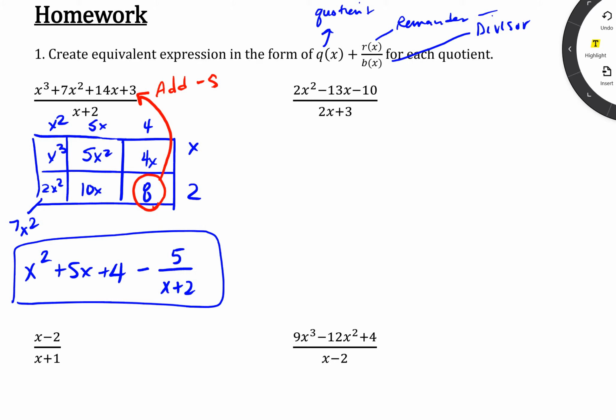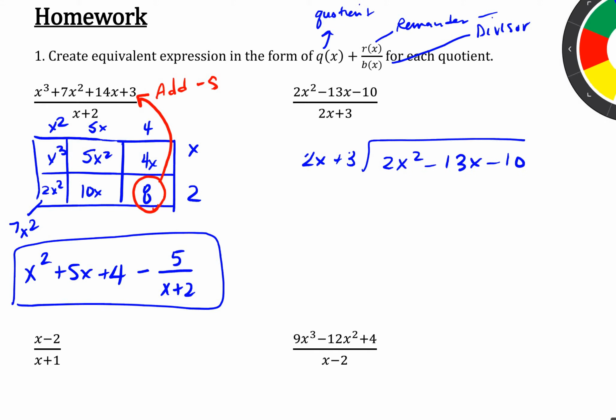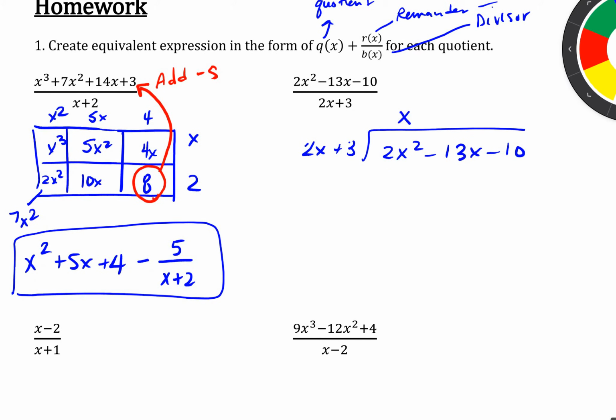Alright, for the second one I'm going to do long division. So what I'm dividing by goes on the outside. What I'm trying to divide goes on the inside. When we did this in class, remember we used color to show what I'm subtracting or adding. What do I multiply by 2x to make 2x squared? Well, that's just x. That gives me 2x squared plus 3x.